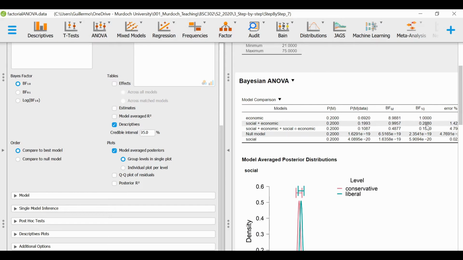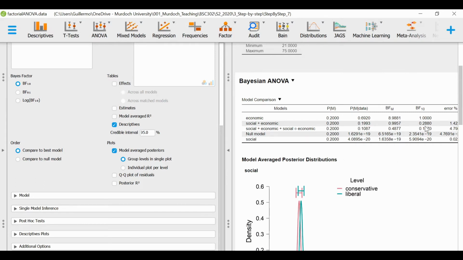In social and economic, the two variables, the Bayes factor is 0.288, because what it's doing is 0.1993 divided by 0.692, and so that's the Bayes factor.